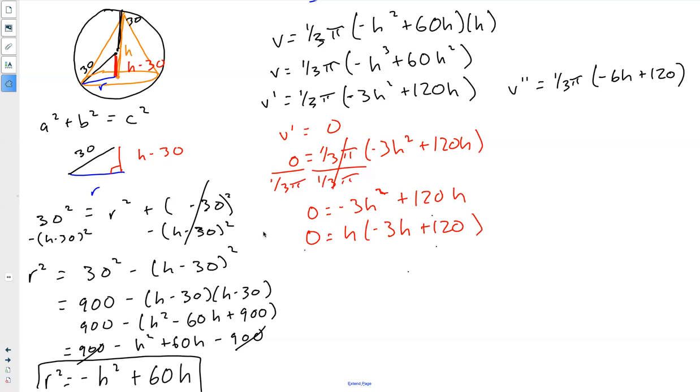Okay, divided by h, we'll be left with 0 is equal to negative 3h plus 120. Solve for h, subtract 120 from each side. Divide by negative 3. h is equal to 40.